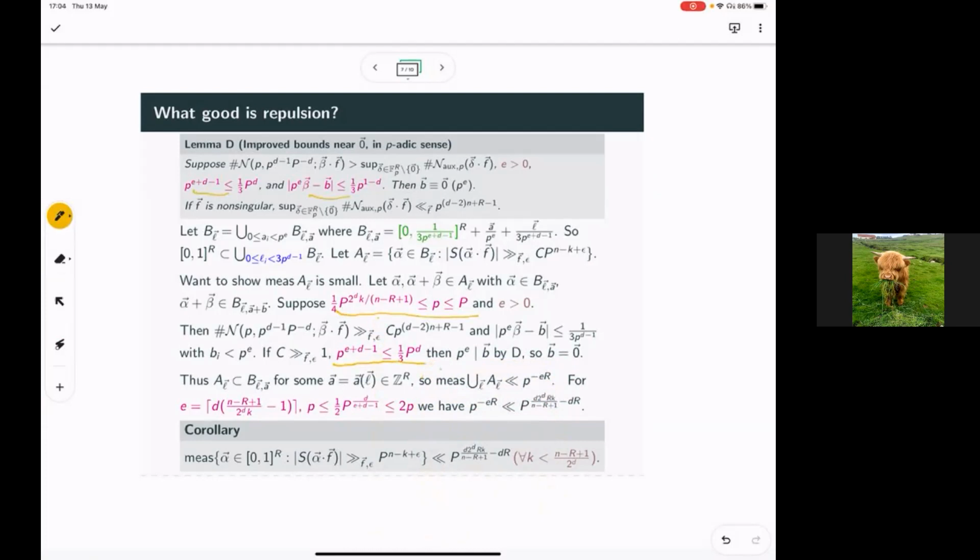And in order for these two to hold, so this is the one which I said was essentially saying that the little boxes are of size capital P to the minus D. So in order for them to hold, we need E to be not too large, which makes sense because that restricts the size of a saving we can get. And it turns out that this choice will work.